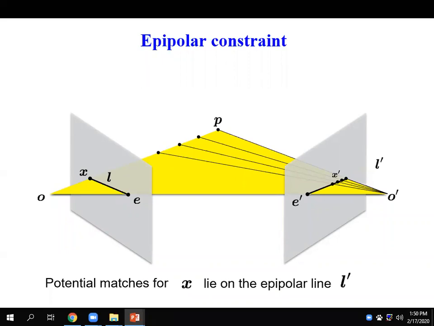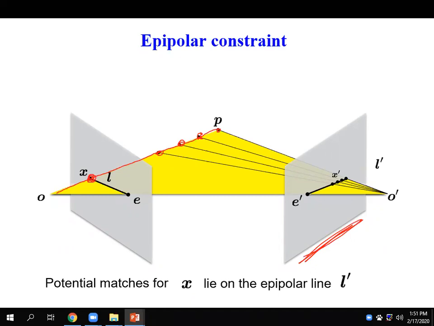What does that mean? Any point on that particular line, either this, or this, or this, or this, will end up projected in just one point in my image plane. Correct? But how will this be projected in this other image plane with the other camera?